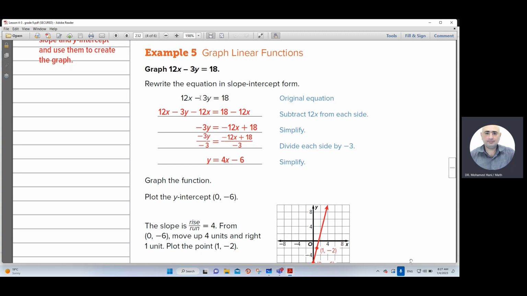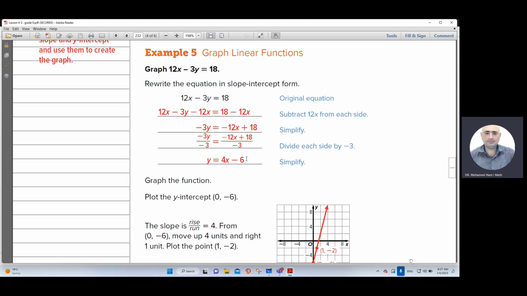So we want to keep y on this side and transfer the other terms to the second side. So we want to remove 12x. So subtract 12x from the 2 sides. Remains here -3y. Then we want to remove -3, so divide the 2 sides by -3. So remains here y equal 4x minus 6. This is the slope-intercept form.